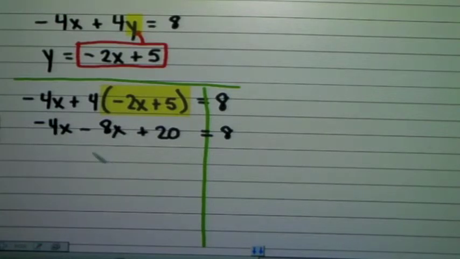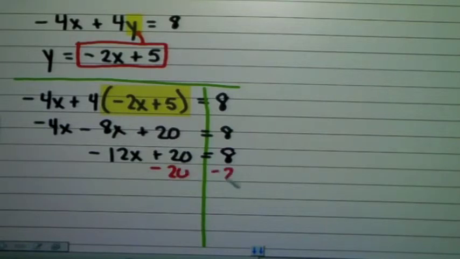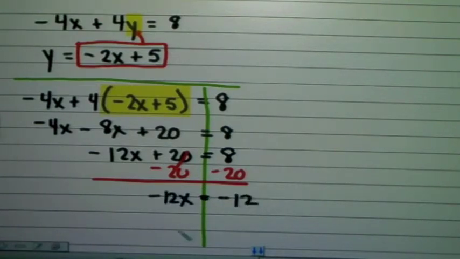Combining like terms, we end up with negative 12x plus 20 equals 8. Now we're ready to begin our solving steps, so we'll subtract 20 from both sides. We get negative 12x equals negative 12, so x equals 1.